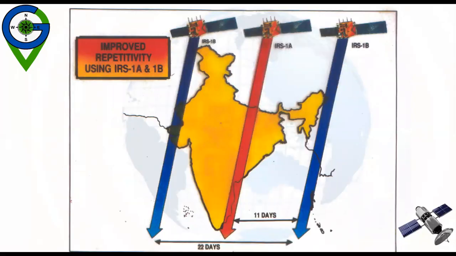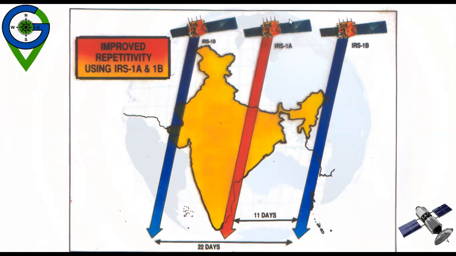So this is the improved repeatability using IRS-1A and 1B. If we want to reduce the revisit time of any particular satellite, what are we going to do? We will place another satellite in orbit so that the revisit time decreases.